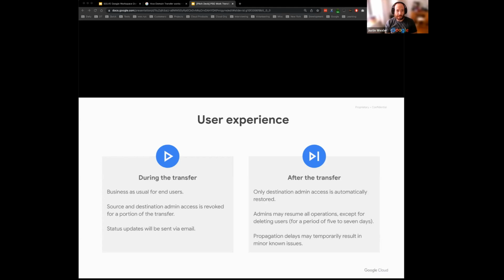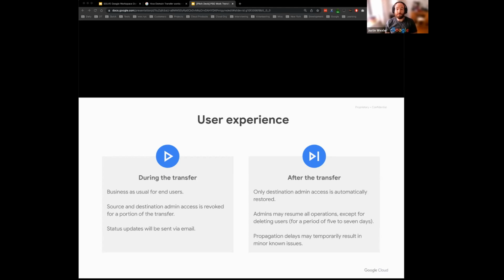The call out here, and the details are in our help center, is that as you all know, when you move someone between OUs in Workspace or you change settings, it comes up and says, hey, this may take 24 hours to propagate. Somewhere in that range, these changes will take effect. The same thing happens here. There are a couple of propagation or temporary delays that happen as soon as the transfer is complete that usually resolve within 24 hours.